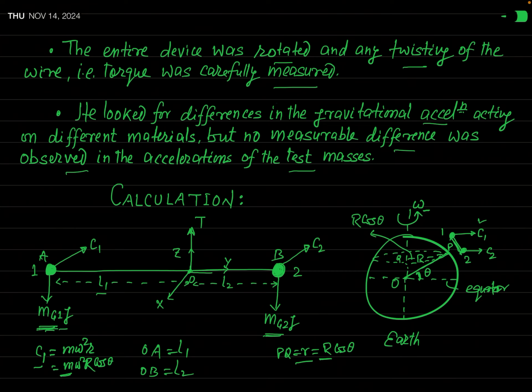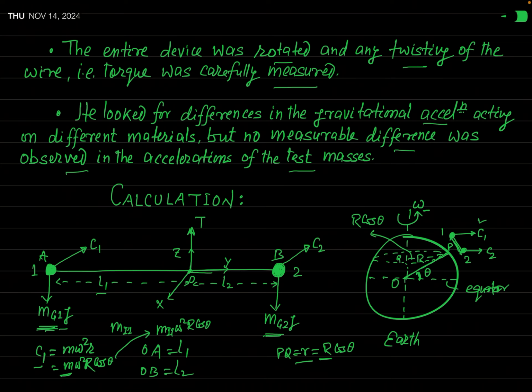So if mi1 is the inertial mass of the first object, then the centrifugal force acting on the first mass will be written as mi1 omega square R cos theta.